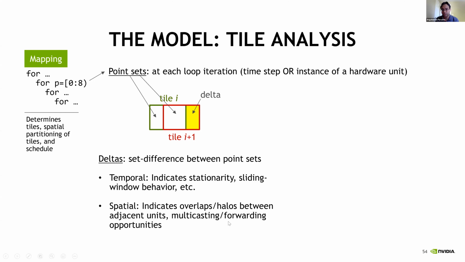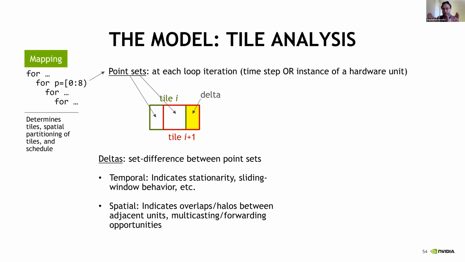Across spatial units, these deltas indicate overlaps in data used between spatial units. So for example, you could have what we call a halo, which is some section of a tile that's used by two adjacent PEs, for example. And it also informs multicasting opportunities.